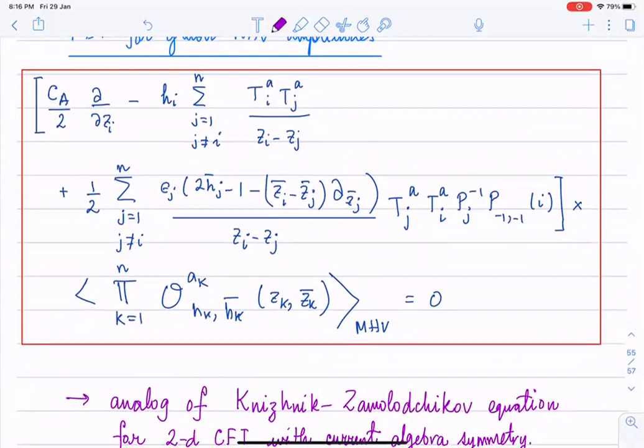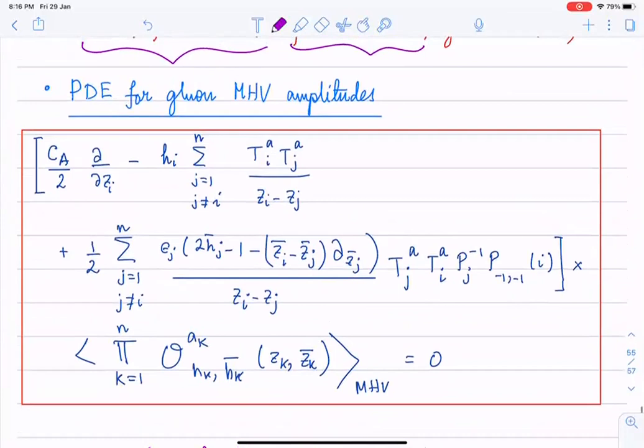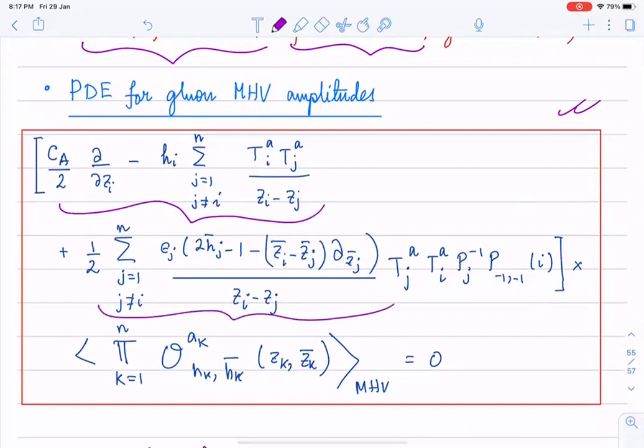equations which resemble the so-called Knizhnik-Zamolodchikov equations in two-dimensional CFTs, which have some underlying current algebra symmetry. The only thing which I want to point out here is that this equation has some structural similarity with the Knizhnik-Zamolodchikov equations, but it is not exactly the same, because a standard Knizhnik-Zamolodchikov equation only contains these first two terms, but the differential equations in our case also contain an additional piece, and it turns out that this additional piece has to do with the subleading soft gluon theorem.